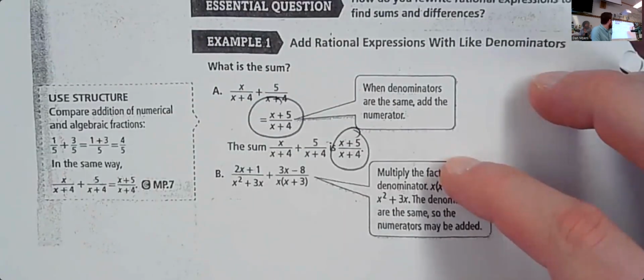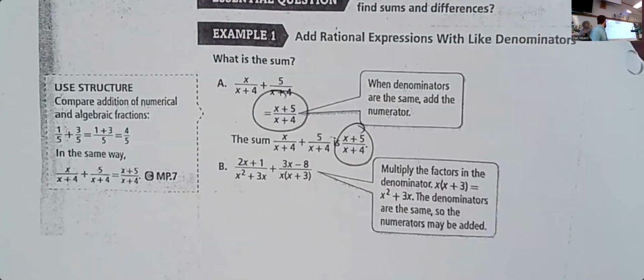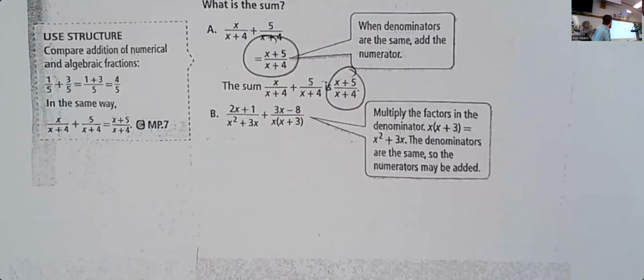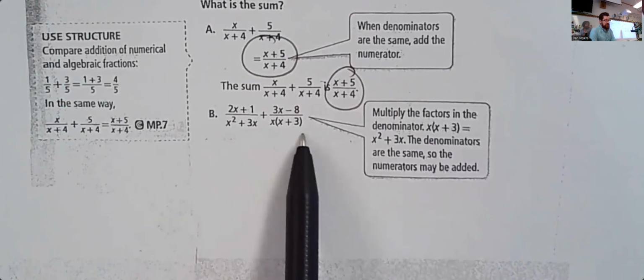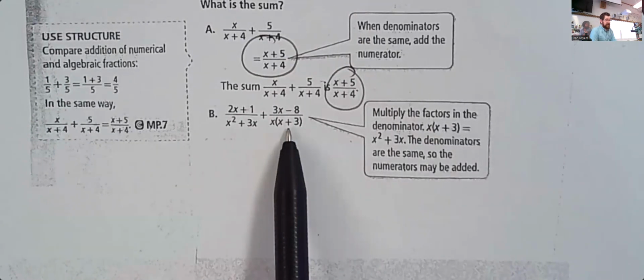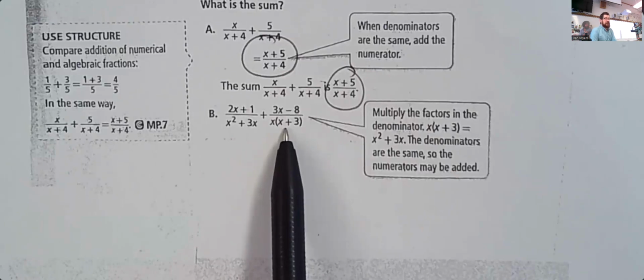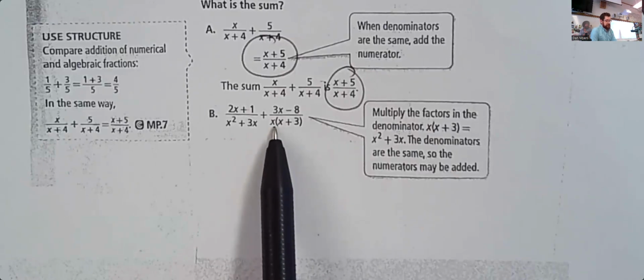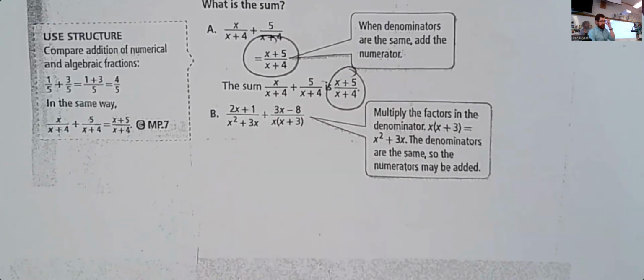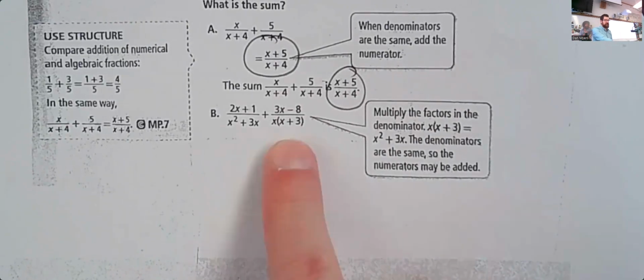So the same idea happens with this next problem. It says to multiply the factors in the denominator because while these are currently written differently, those denominators are the same. And we can do that by distributing the x into the binomial here, x plus 3. So let's go ahead and rewrite this problem, but distribute the x into x plus 3.